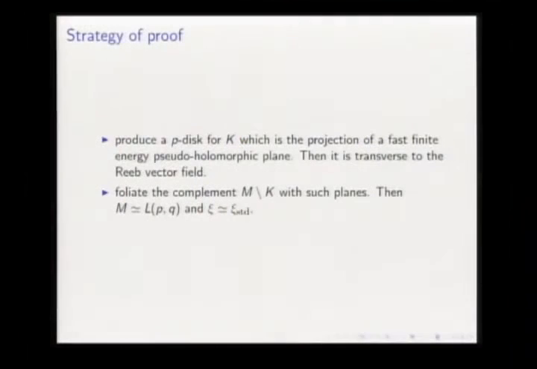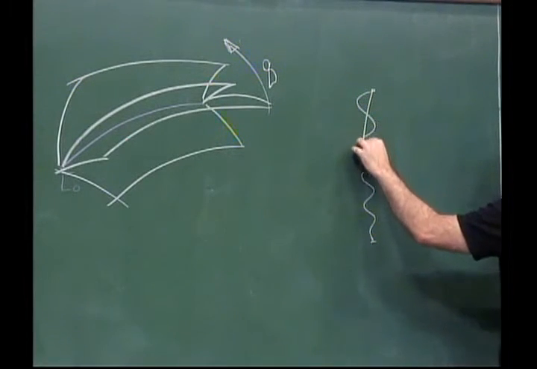The strategy of the proof is the following: to produce a P-disk for the same knot here, but now it's pseudoholomorphic.